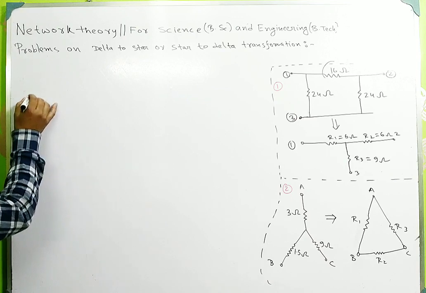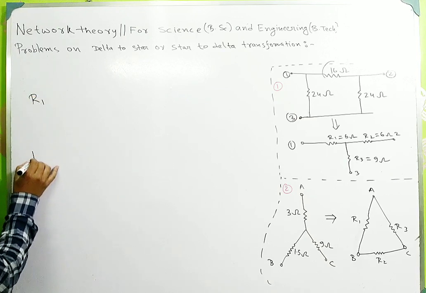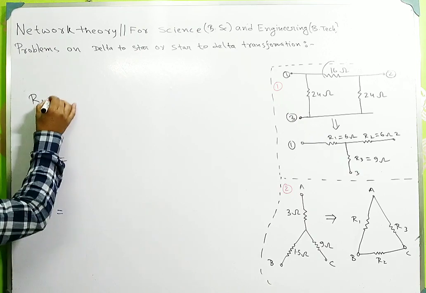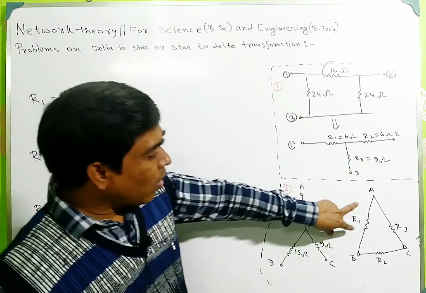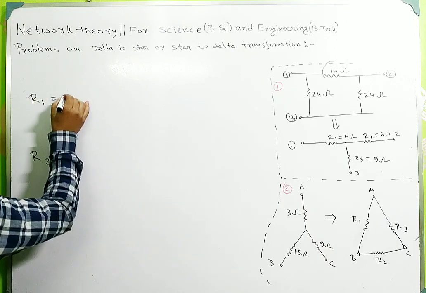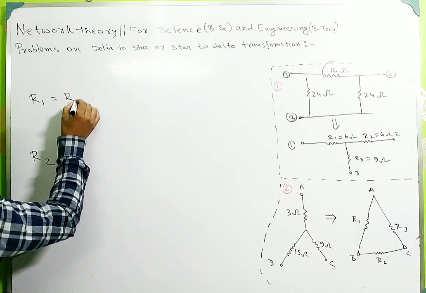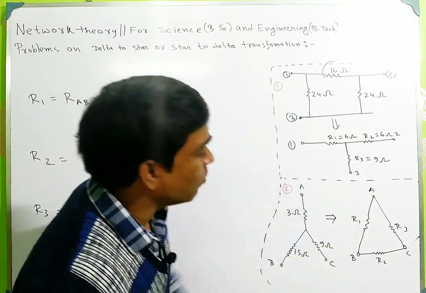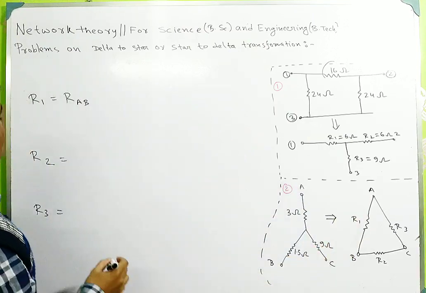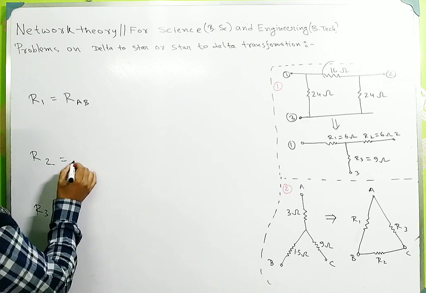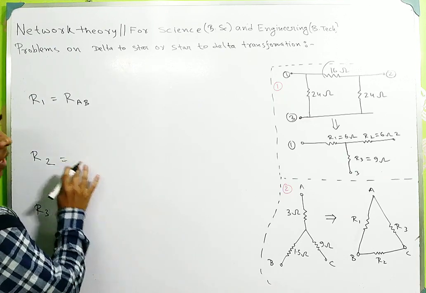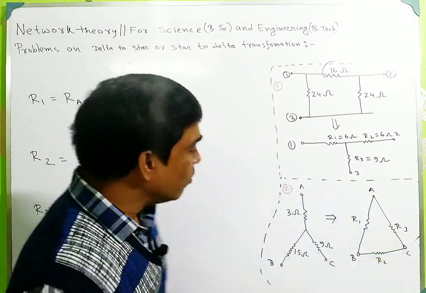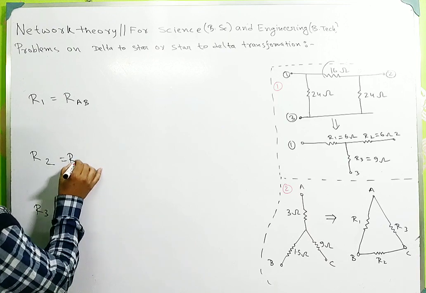Here you have to calculate what will be R1, R2 and R3. R1 is the resistance across nodes A and B. R2 is the resistance across nodes B and C, so it is RBC.